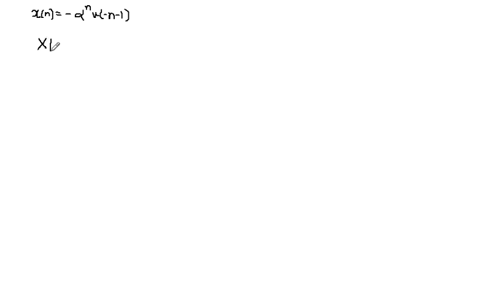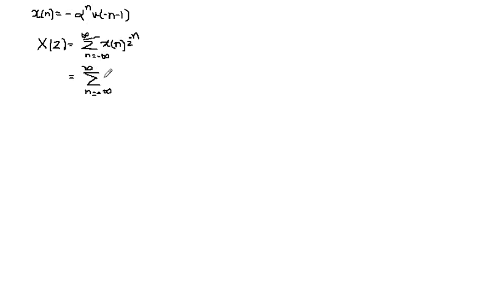So X of z is given by X of z is equal to summation n from minus infinity to plus infinity. We write this equation of X of z, the z transform equation, and let's substitute the value of x of n.